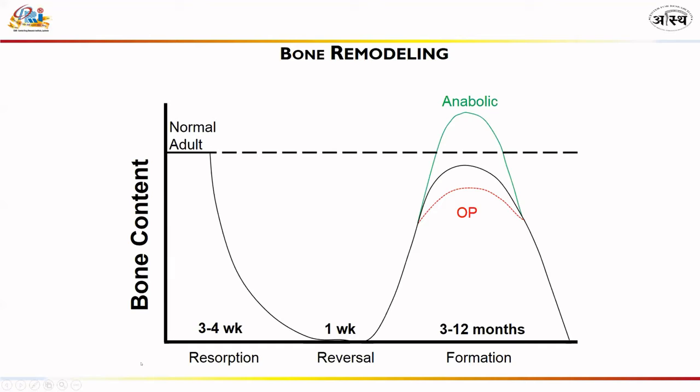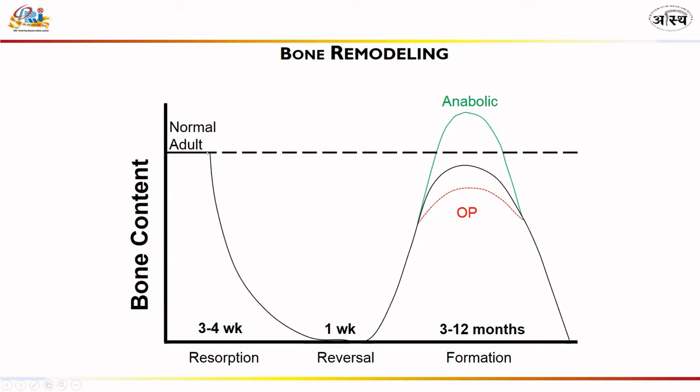Also, there is a quiescent phase, that is when no remodeling is happening on bone surface. So this is a quiescent surface that is supposed to undergo remodeling. That means first the existing bone and matrix would be removed by the bone resorbing osteoclasts. These are giant multinuclear cells.